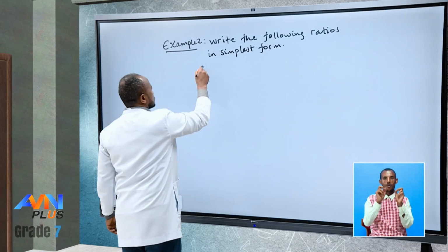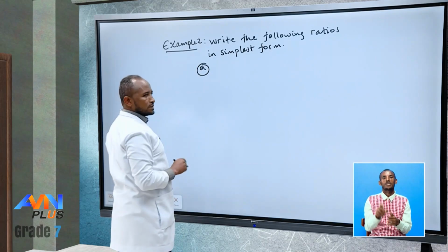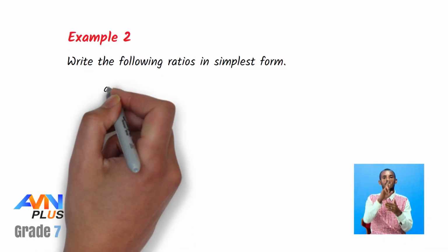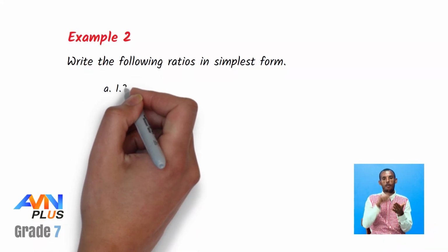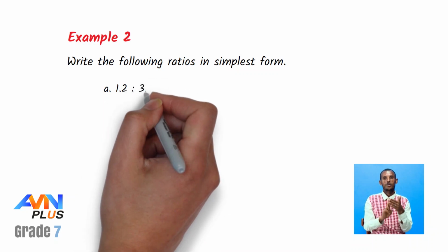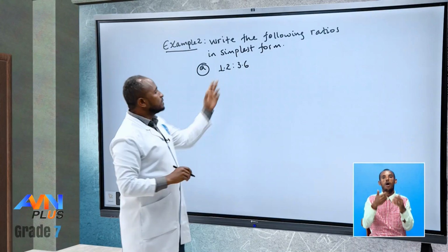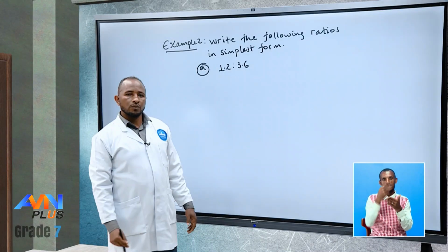Okay, the first question is this: what will be the ratio of 1.2 ratio 3.6? So how do we simplify this ratio?